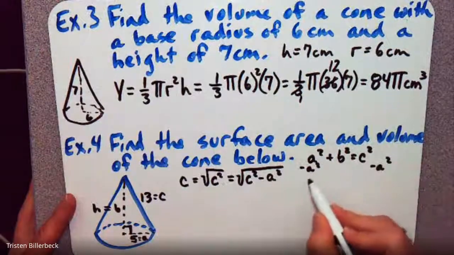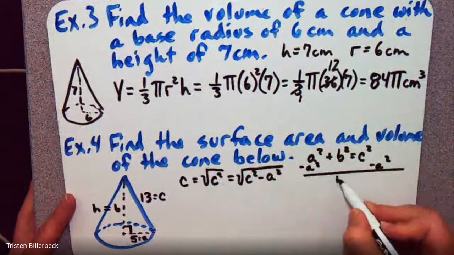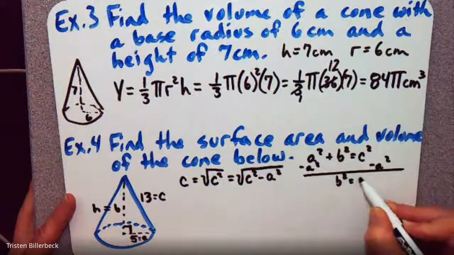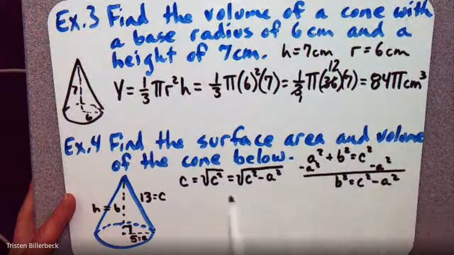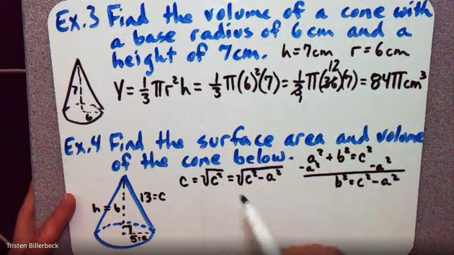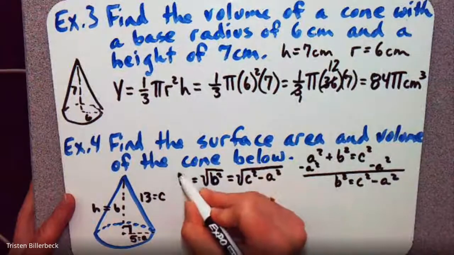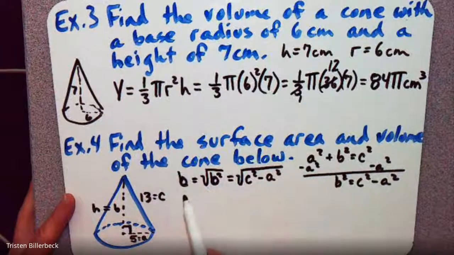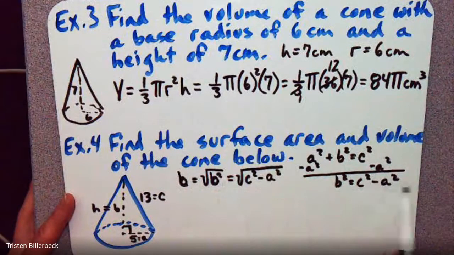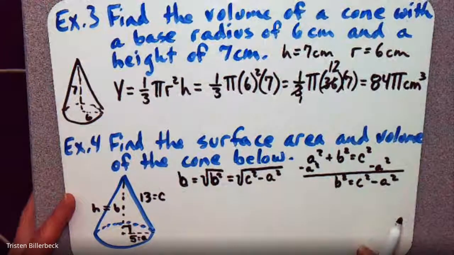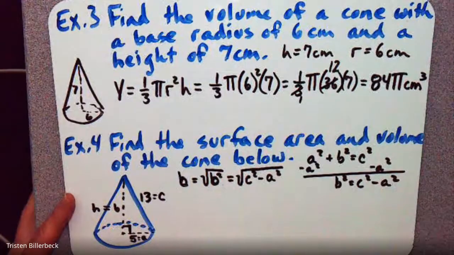Okay, so in case you didn't follow how I went, oops, this is B, good thing I checked. So that's how I ended up getting B, which equals the square root of C squared minus A squared. Okay, so now I'm trying to find B because it's the height.